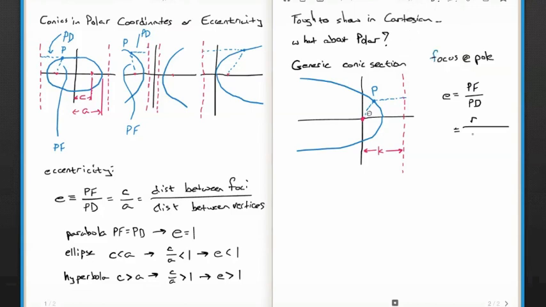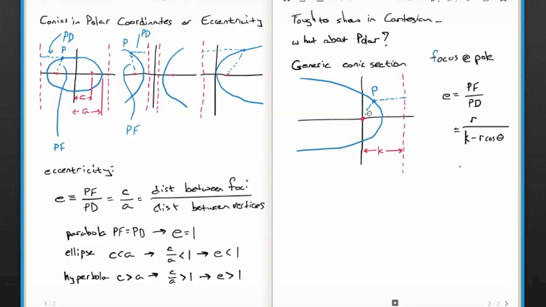So the distance out there becomes k minus r cosine theta, right?